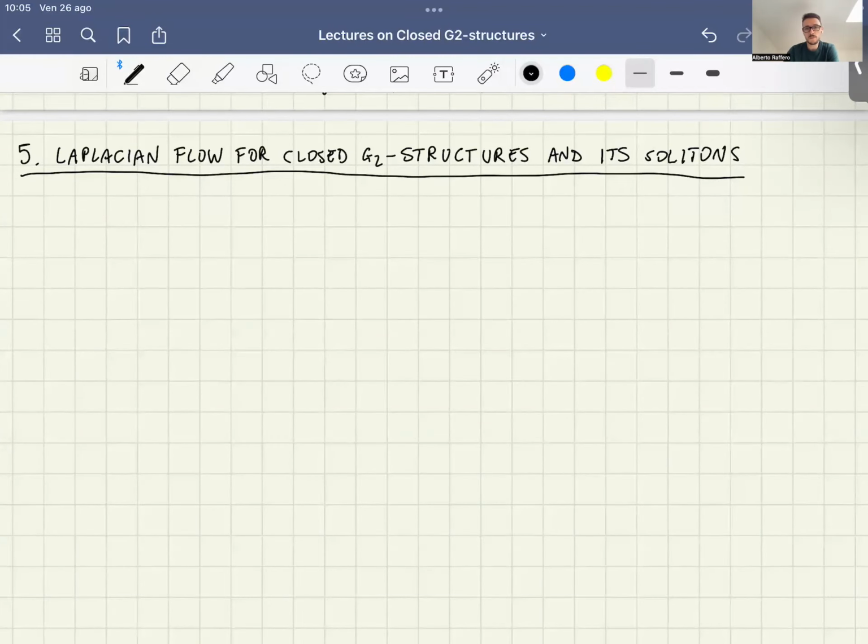And one possible way to tackle this problem is to use a geometric flow approach.